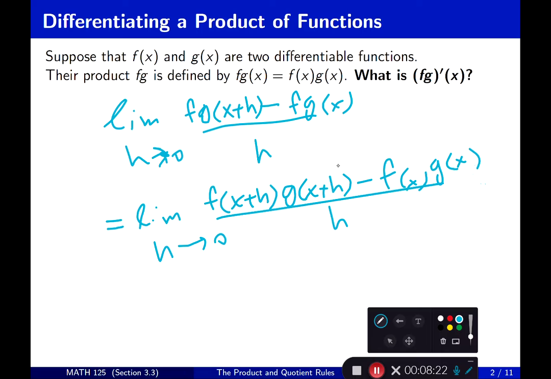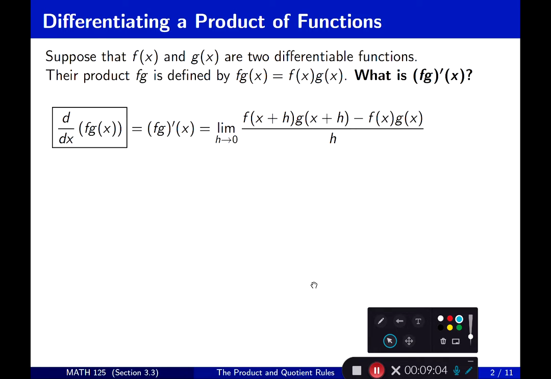But it's not as easy to see. It becomes a constant trick that will follow in upper mathematics, where you add and subtract a certain term, which keeps the expression the same, but that term can regroup with either of these groups and help you connect these things to the derivative of f and derivative of g, and f and g by themselves.